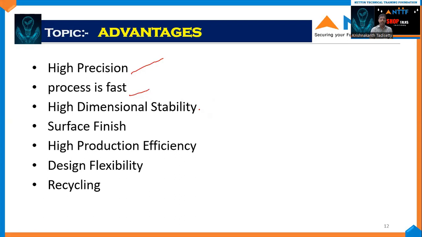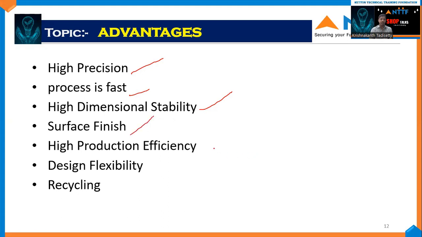And the next one is high dimensional stability. In the hot chamber process, we use materials which have a low melting point like zinc, tin, or lead. These materials have a low melting point, so that is why the material flows very easily to the different edges of the components, even though the components have critical angles and critical edges too. And fourth one, surface finish.